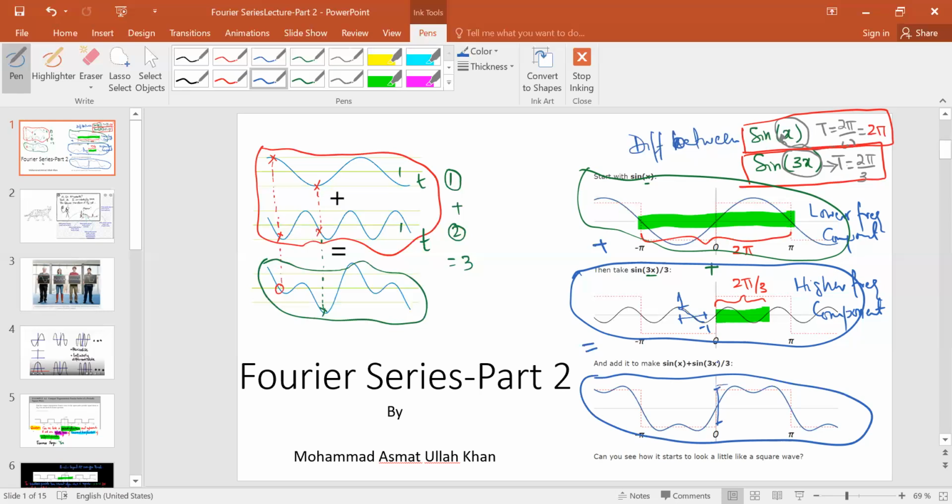So it means that we are able to make waveforms which have very short transition time, which are very abruptly changing from lower value to higher values. We can make them from a couple of sine and cosine waveforms, which don't have that sharp transition. They are smooth.